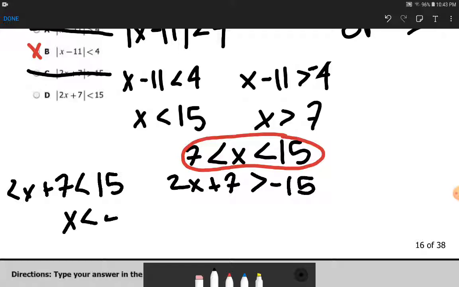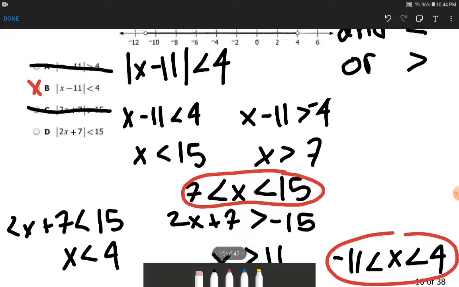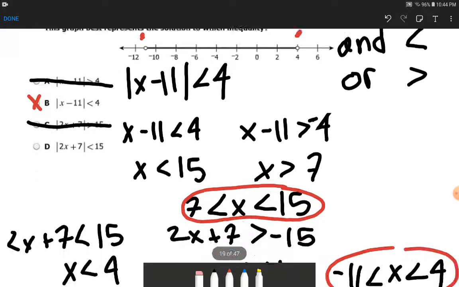X is less than 4. Subtract 7 on both sides, you get negative 22. Divided by 2, x is greater than negative 11. And we would get negative 11 is less than x, which is less than 4. Let's go back to our graph, and we see that is the answer.